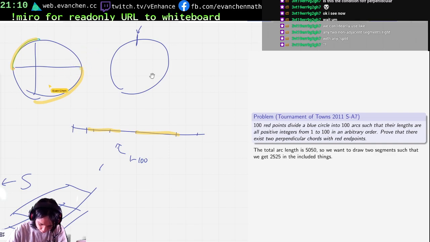But there's no harm to cutting open the circle because the condition is symmetric-ish. Any two non-adjacent segments. Yeah, yep. Any two that have a gap somewhere. Or even, actually, they can even share the same endpoint. I think the problem statement as written allows that, right? Like they're perpendicular and they make a diameter and that's fine.